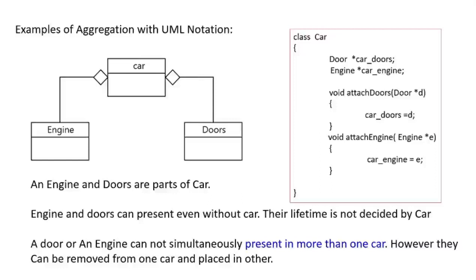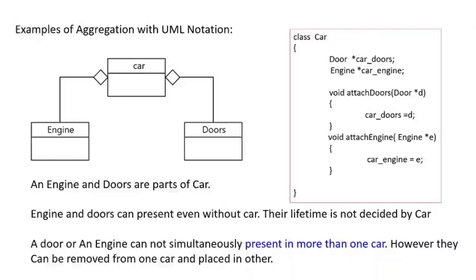Take another example of aggregation. This example is of a car. A car has an engine and doors, but you can see the engine and doors are created separately. They are not created along with the car. They are assembled in the car. Car is basically an assembly of engine and doors in this case.